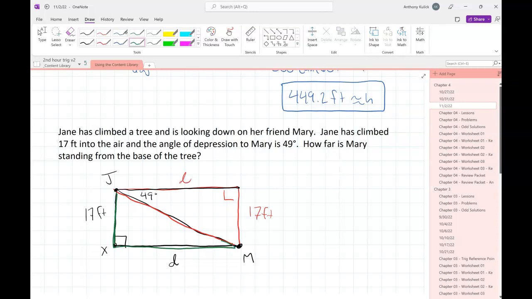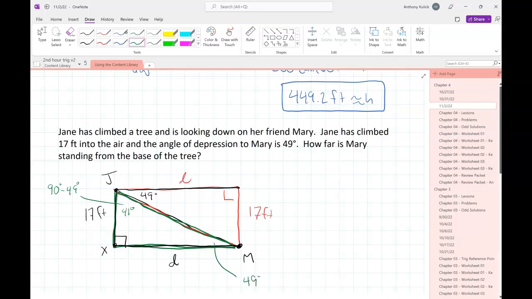Is we can use this triangle, but we're going to need to find an angle in it. What's this angle got to be? It's got to be the complement to 49. Or, in the green triangle, what does this angle have to be? 49.